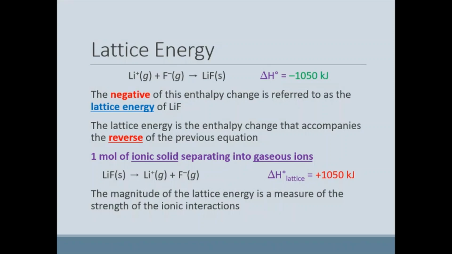You have to have a solid ionic compound, and it has to split up into gaseous ions. And so if you have something that is not an ionic solid, and if it doesn't split up into gaseous ions, then you're not looking at lattice energy. But once you know that, flip the sign around. If it's given to me positive or negative, that's not the main issue here.